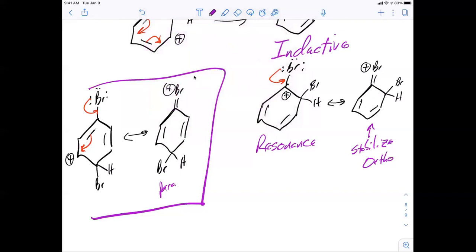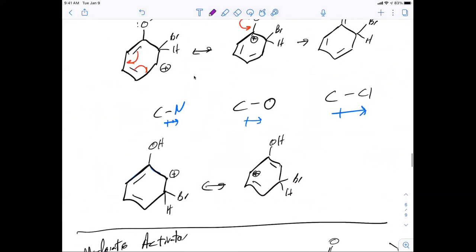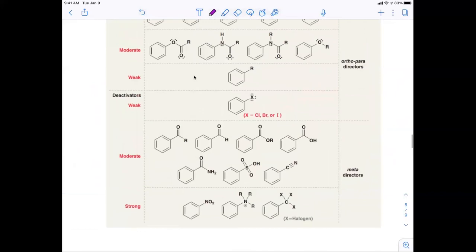So halides are deactivators because of their high dipole moment. So inductively they're deactivators, but by resonance they are ortho-para directors. So that's why they fit into both camps. They've got such a large electronegativity that the inductive effect makes them deactivators, but they still have a lone pair like the oxygen and nitrogen above, so they are ortho-para directors.